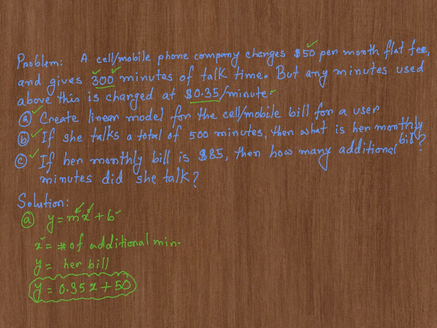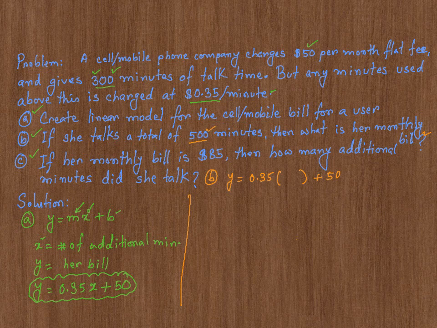So now this is the linear model for her monthly bill. Now let's do part B. In part B, if she talks for 500 minutes, then what is her monthly bill? Now, y is equal to 0.35 times x, so I'm going to put a parenthesis around here, plus 50. We got to figure out what is x if she talks for 500 minutes.